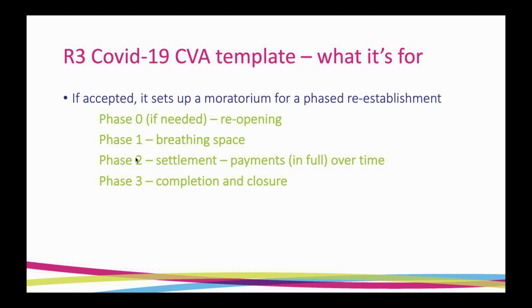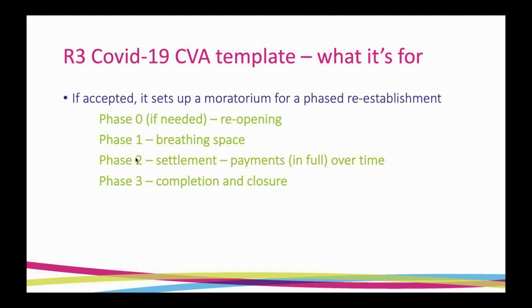And the way it works is it sets up a moratorium, a breathing space for a phased re-establishment of the business. The first phase is an optional one, and it gives the business a short time to reopen itself. Phase one proper is then a breathing space. It's a period of time when the business is trading, is generating revenue, but has a complete moratorium on historic debts.